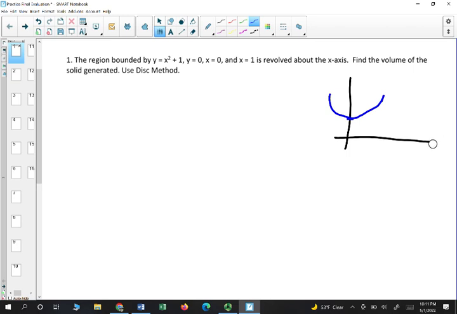And we will be bounded by y equals 0, x equals 0, and x equals 1. Okay, so it'll be a region that looks like this. And we're going to be revolving this about the x-axis.